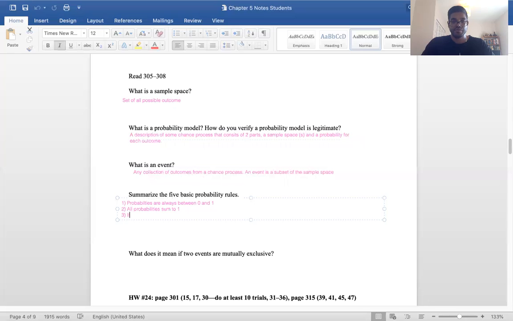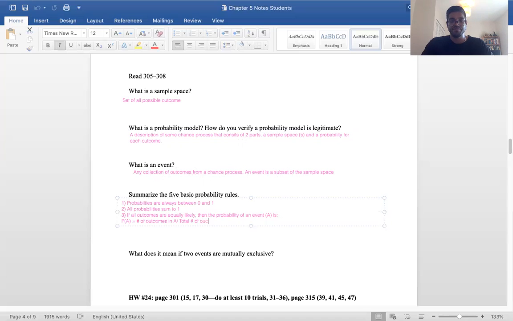Number 3, if all outcomes are equally likely, then the probability of an event, which we're going to call A, and we denote it P of A, is equal to the number of outcomes in A divided by the total number of outcomes.